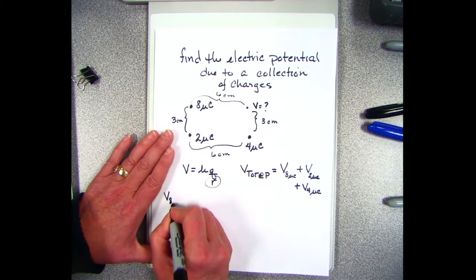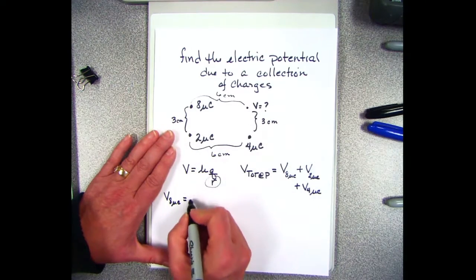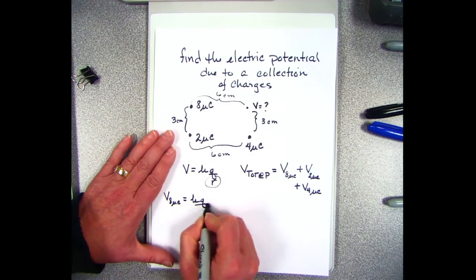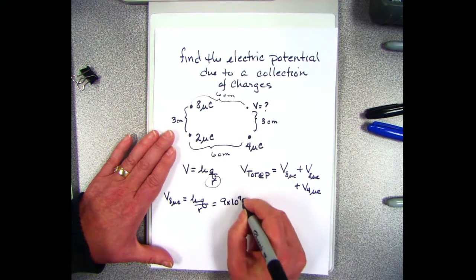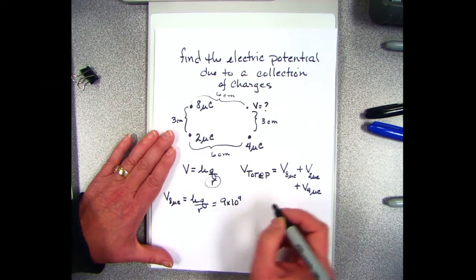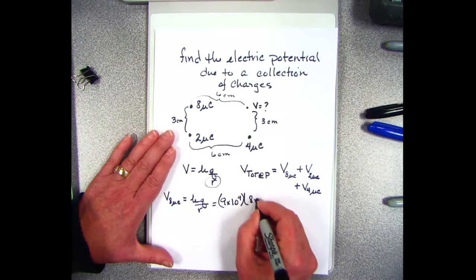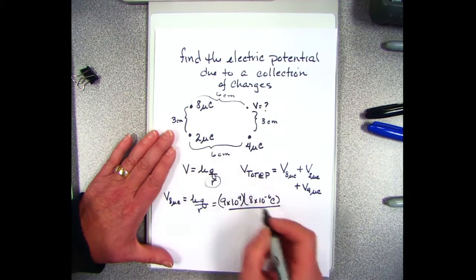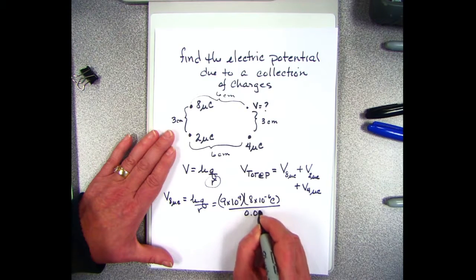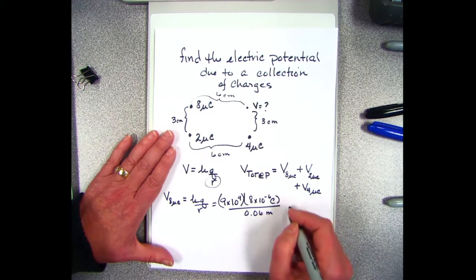That's going to be 9 times 10 to the 9th, my Coulomb's law constant. My charge is 8 times 10 to the minus 6 coulombs, and my distance away is 0.06 meters, because I have to convert centimeters to meters. And when I do that, I get 1.2 times 10 to the 6th volts.